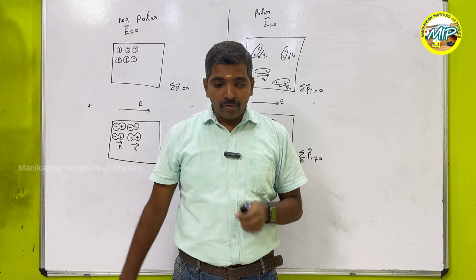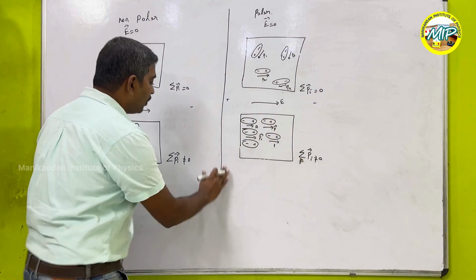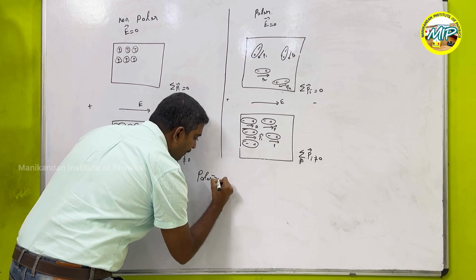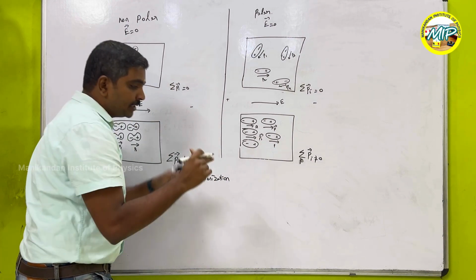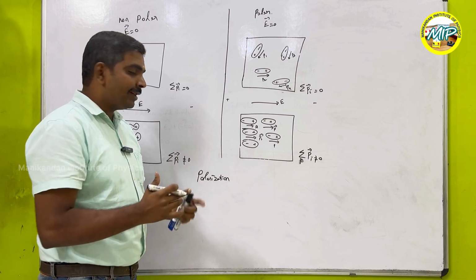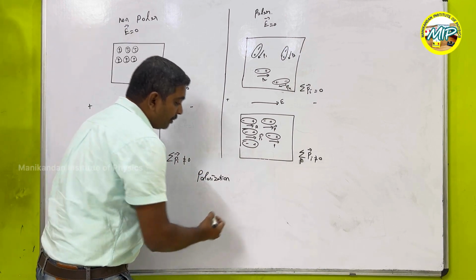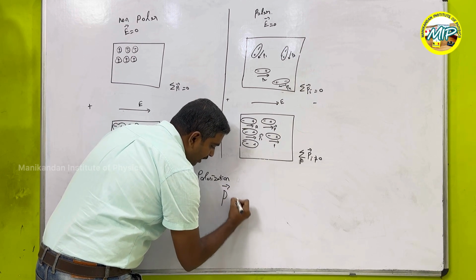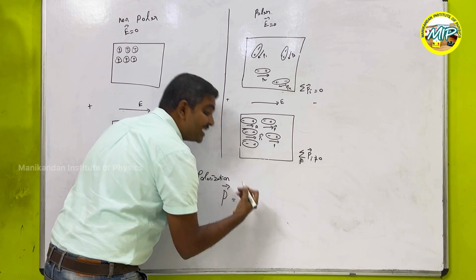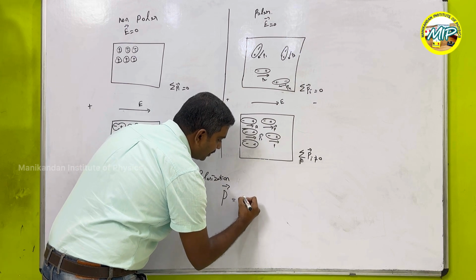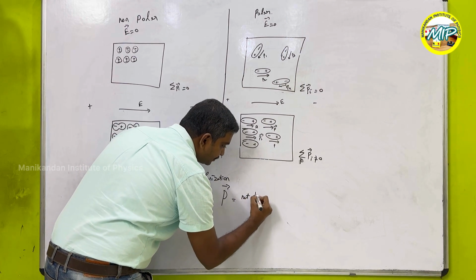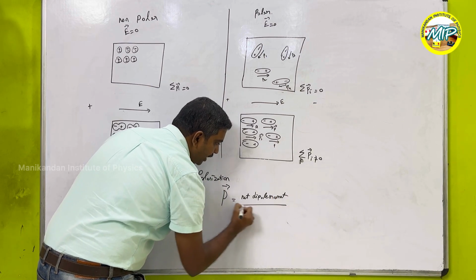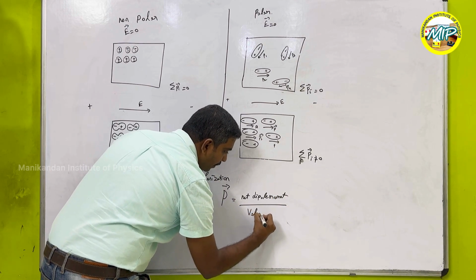Okay. So now I am going to define a new quantity called polarization. The technical term is polarization. I can simply write the notation capital P vector. It's nothing but my net dipole moment per unit volume.